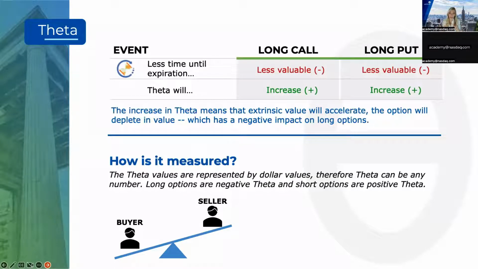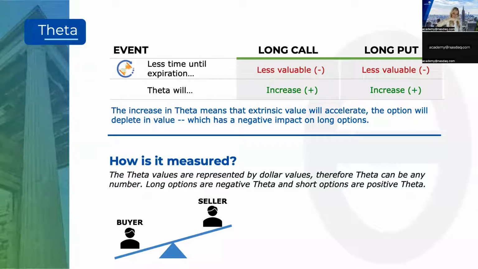So here's the events that we had earlier. If we have less time until expiration, that makes long options less value. We talked about that. But theta will increase because theta is not linear, if you will, meaning the daily decay doesn't happen at the same rate every single day. It starts like this, and then as you get to about 14 to 21 days until expiration, it starts falling off a cliff.